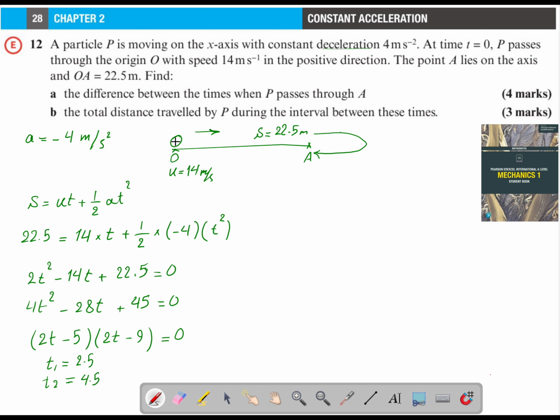It means that when it passes through point A, the time is 2.5, and when it turns back again to point A, time will be 4.5. So for this displacement, we have two times: when it goes past point A and when it turns back to point A. So this is the first part of our question.